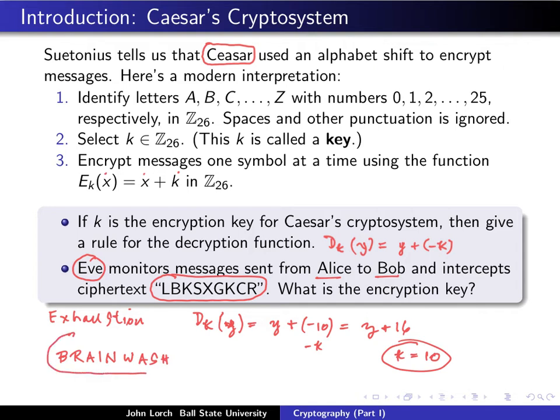Okay, at any rate, this attack, what's called an attack by Eve on this cryptosystem, can be effectively undertaken by using this method of exhaustion, just trying all the keys until you get a potential plain text message that makes sense, right? This is going to be the only one that makes sense, this brainwash. Okay.